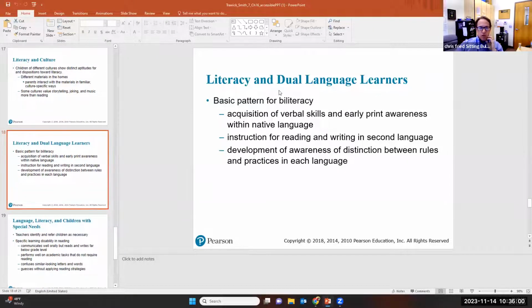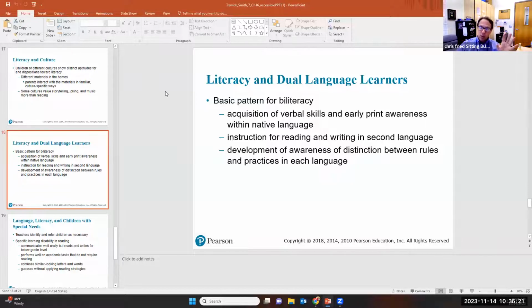For dual language learners, a little bit on the literacy component of that. Acquisition of verbal skills and early print awareness with native language happens early on. Okay? You want to have some instruction for reading and writing in the second language because you want to help parents understand that and develop that with their kids as well.